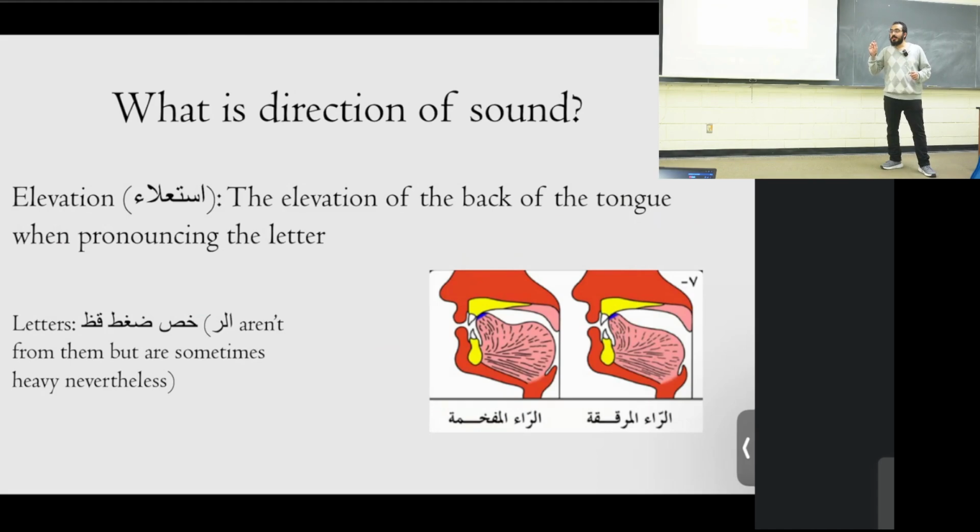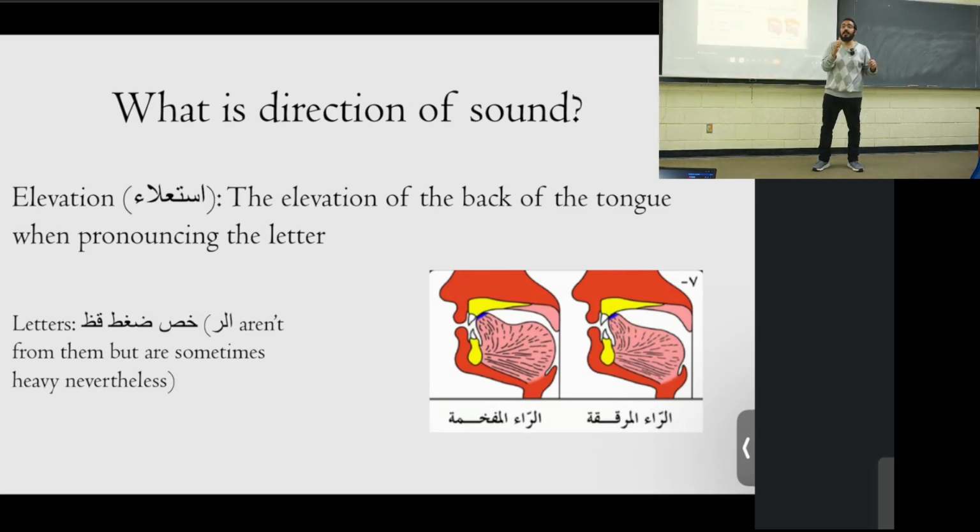Now, this next property, so we finished does air flow, we finished the sound flow. The next one is, what is the direction of sound? But before we go there, we said, when we talked about the places of articulation, what did we say? We said that when the back of the tongue goes up, a letter becomes heavy.